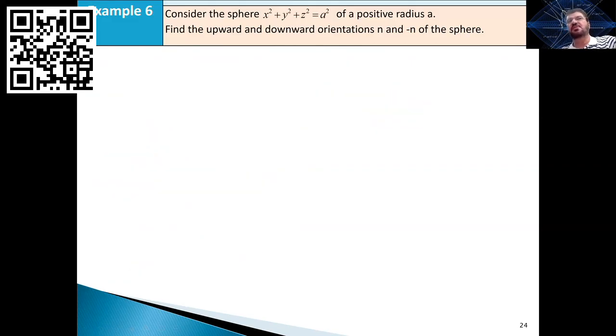Same idea here. Look here, I have x squared plus y squared plus z squared equal a squared. Move everything to one side: x squared plus y squared plus z squared minus a squared is equal to 0. Now, this is considered the g of x, y, z.